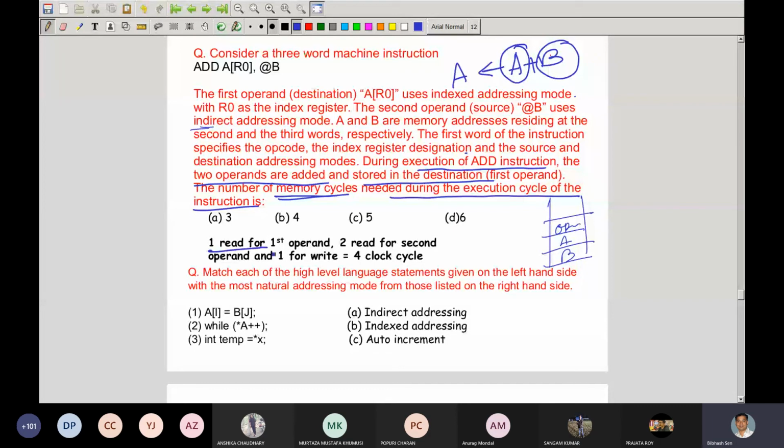So one read for the first operand, a second read for the second operand, and one write. Then you have to first come to the point of two read operations for the second. This is a very important point. Why? Tell me.